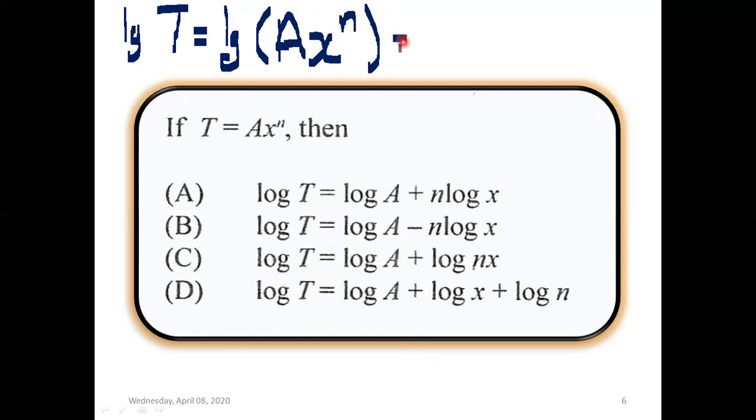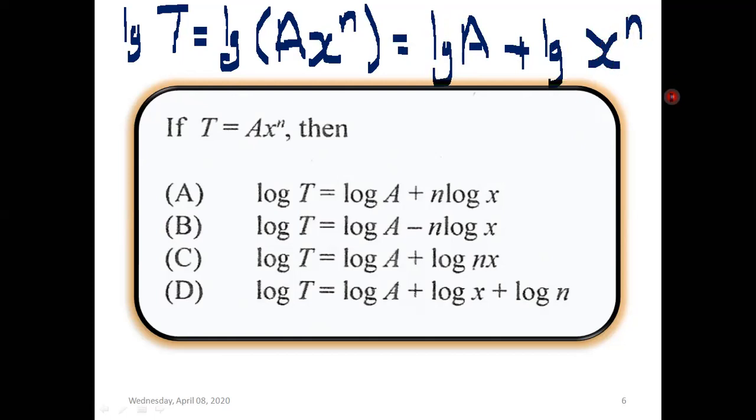So log t would have been equal to log a plus log x to the n. You guys see that? When you have a product, it's actually the sum. So log a x to the n turns out to be log a plus log x to the n.